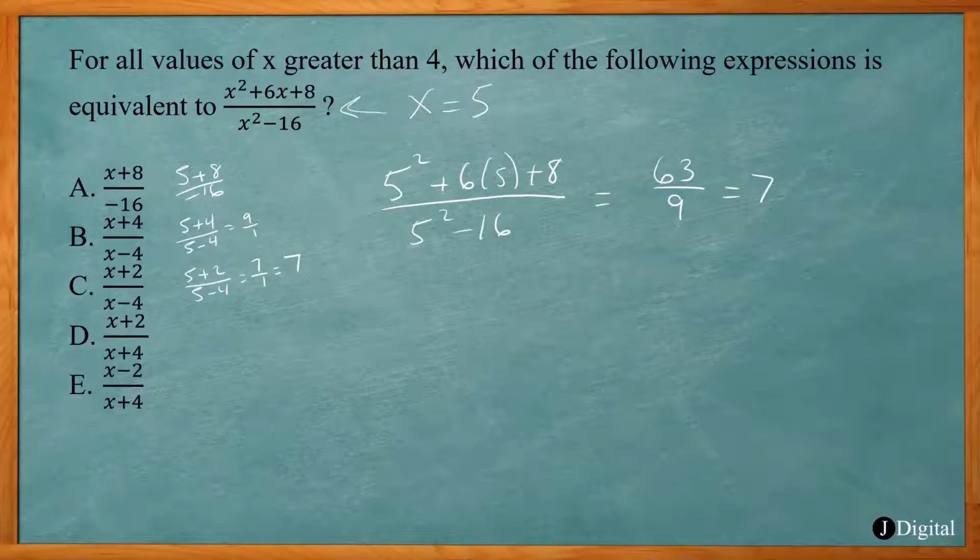Alright, I'll just try the rest. 5 plus 2 over 5 plus 4, 7 over 9, that doesn't work. And then 5 minus 2 over 5 plus 4, which is 3 over 9, or 1/3. So here, it worked out in the right answer.